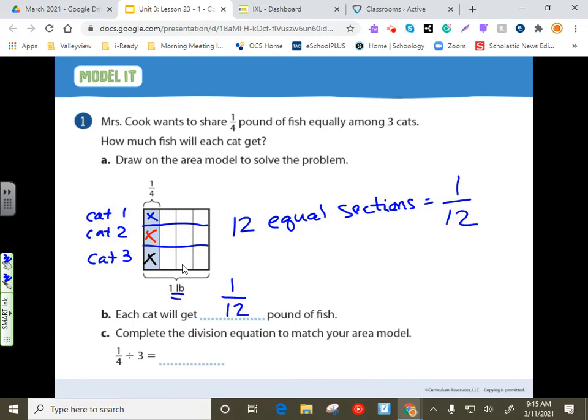It says complete the division equation to match your area model. So here we have, and this is how we do division of these numbers, 1/4. We keep this first. We keep our dividend. For our division symbol, we're going to change that to multiplication. And we're going to flip our divisor. We're going to flip that over. So this is actually 3/1, because any whole number is that number over 1.